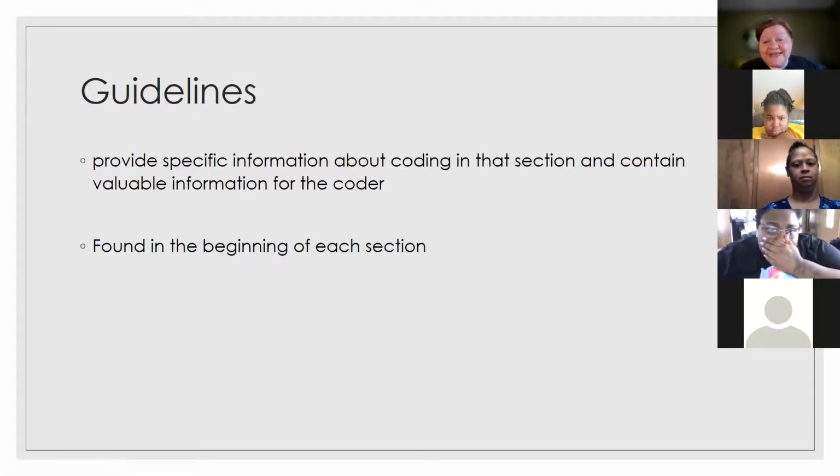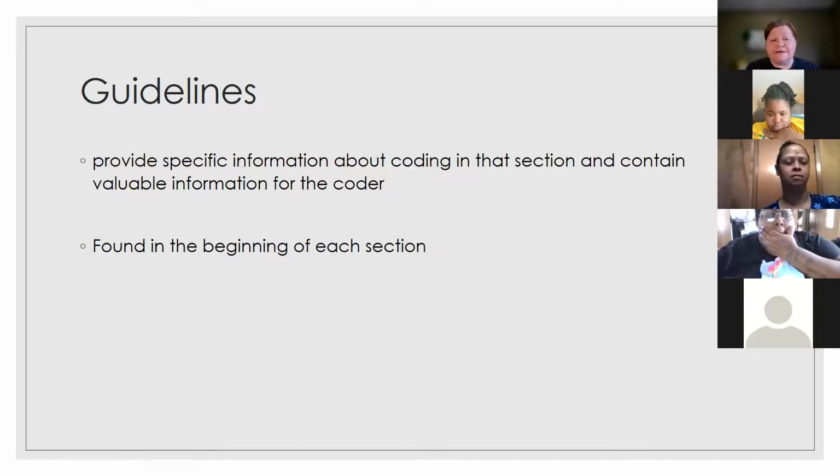Your guideline section in the beginning of the CPT manual is where you're going to find all those important rules. Those are going to tell you which codes you can use together, which codes you can't use, and just your guidelines for using those codes.